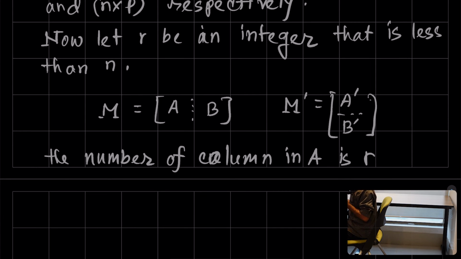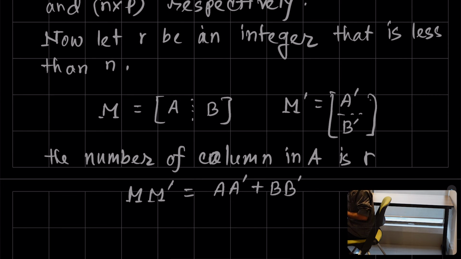So that the matrix multiplication makes sense. Then the multiplication of M and M prime is equal to A A prime plus B B prime. If you decompose a matrix, then the multiplication is going to be a little bit easier to handle.